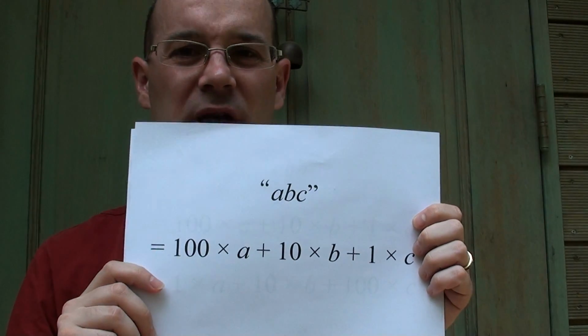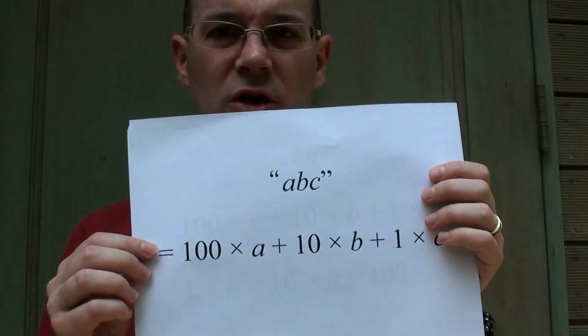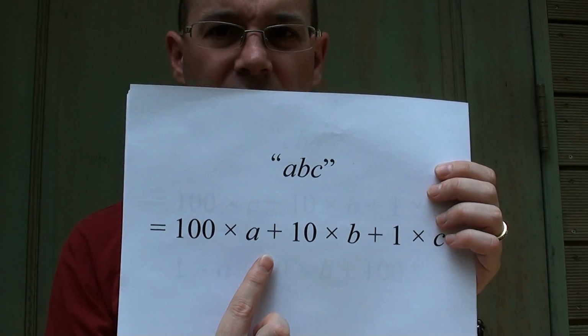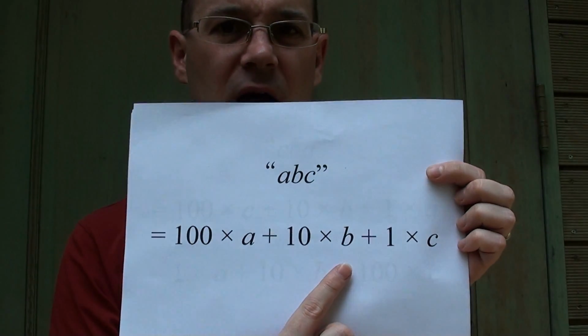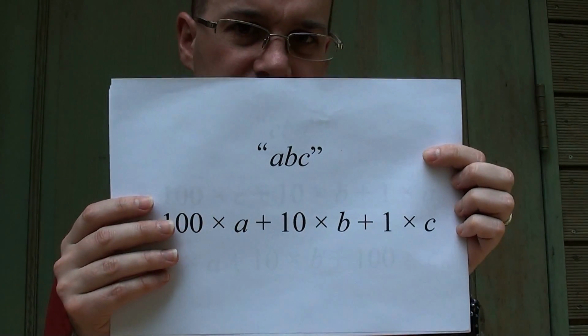Here is your 3-digit number. Let's call it A, B, C. But when you write a number, what is that supposed to mean, A, B, C? It means actually that if those 3 digits are from 0 to 9, you have 100 times the digit A, plus 10 times the digit B, plus 1 time the digit C. That's what ABC means.